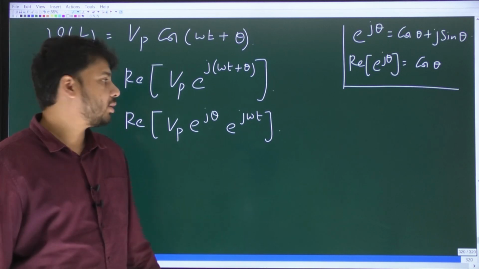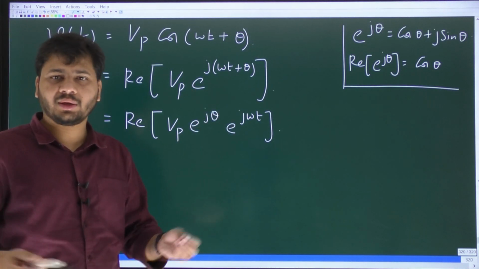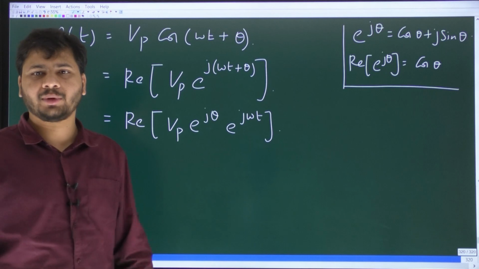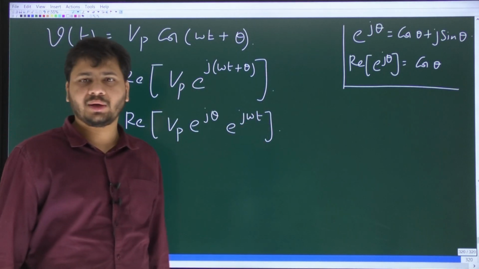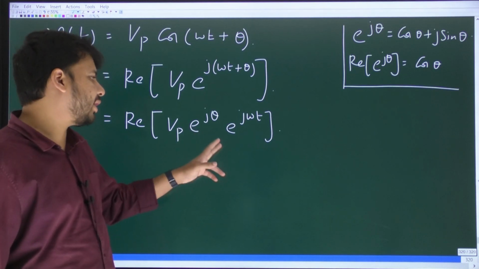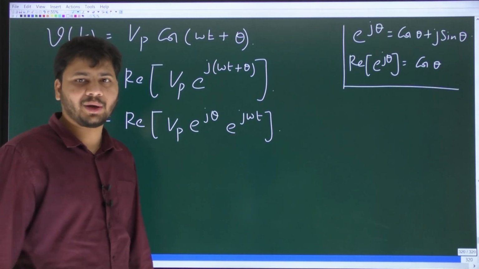Can I do so? E power a plus b is e power a into e power b. Same thing I did here. E power j omega t plus theta is the same as e power j theta times e power j omega t.